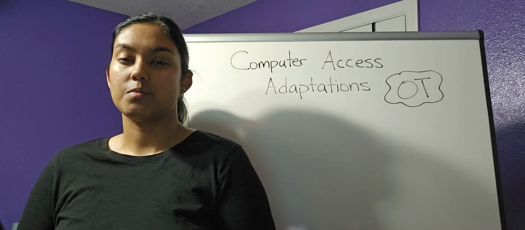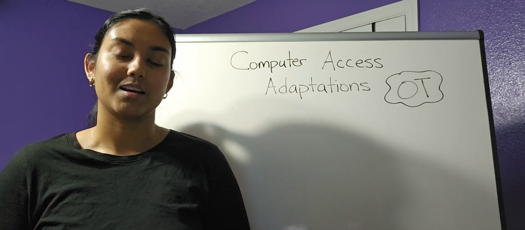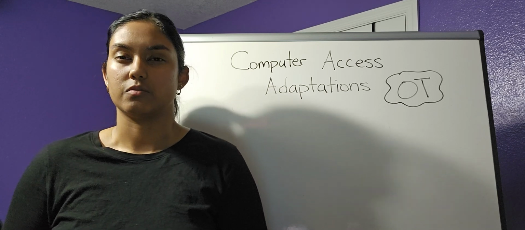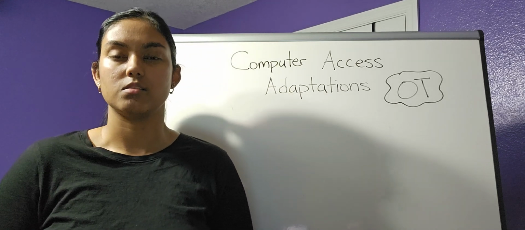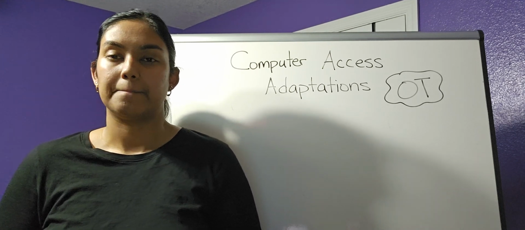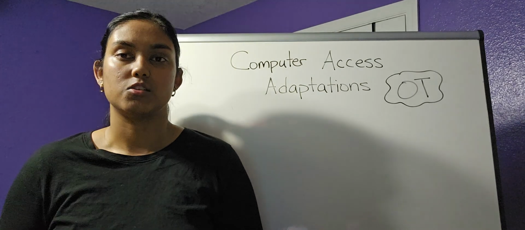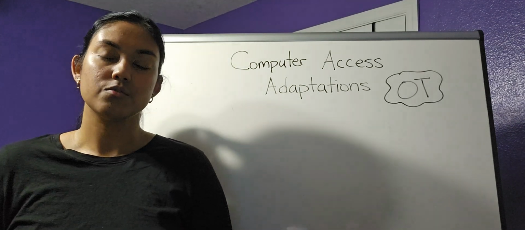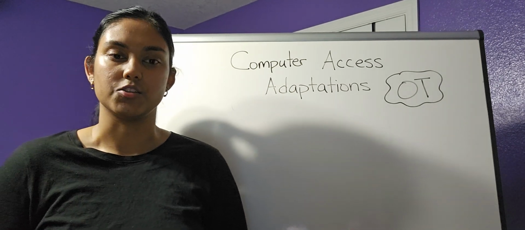So choosing adaptive equipment is highly individualized. It depends on our client's performance skills, performance areas, and what occupations they require the computer for. So there's a lot of considerations that go into an evaluation for assistive technology.